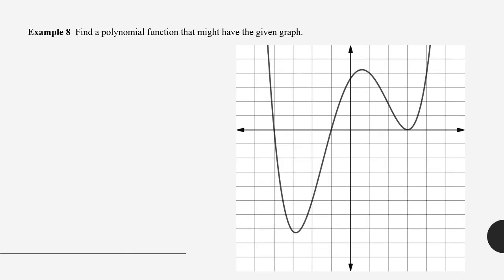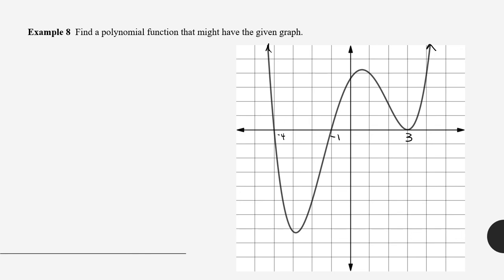All right, and then we do have one more example to do. Find the polynomial function that might have this given graph. So again, we're kind of doing it backwards from what we normally do. Each tick mark is 1 unit, so this is +3, -1, and -4.